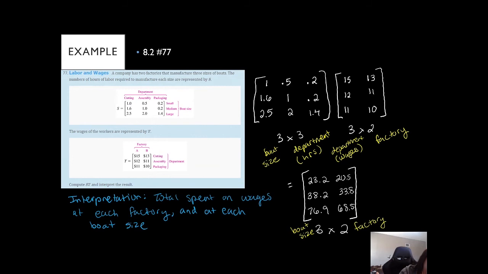So I should also make sure on my matrix, it's for one boat, basically. So we've got, it says the company has 2 factories, you're making 3 sizes of boats, and the number of hours of labor.